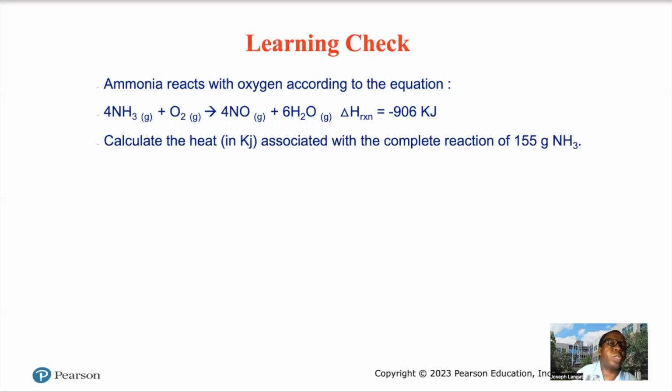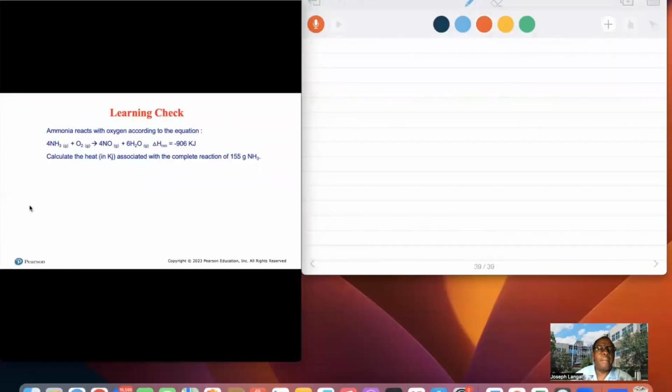Let's see, learning check. Ammonia reacts with oxygen according to the following thermochemical equation: 4 moles of ammonia react with 5 moles of oxygen to produce 4 moles of nitrogen monoxide and 6 moles of H2O, giving off -906 kilojoules.